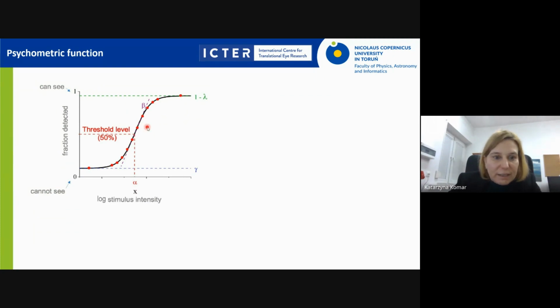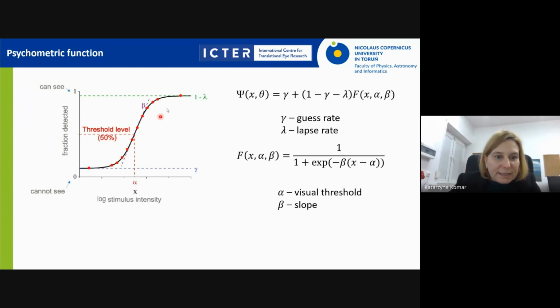So the parameters that describe the shape of the psychometric function are connected with the probability of detection, and the one which is important for us in the context of this change between 1- and 2-photon vision is beta.